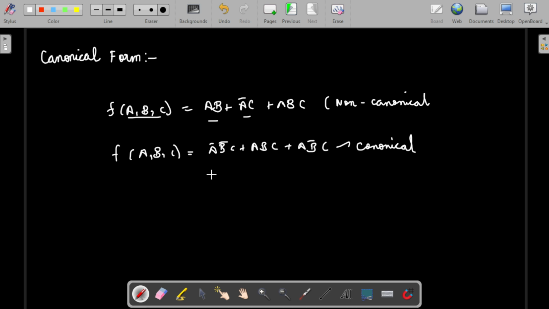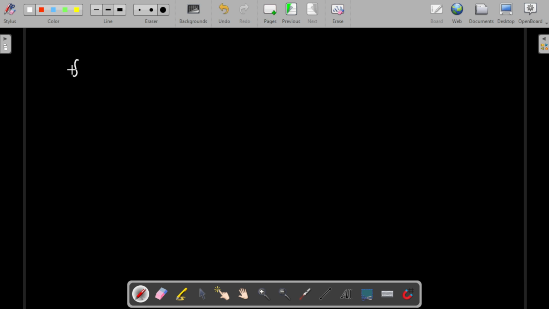So how can we convert a non-canonical form into canonical form? Let us take an example where f is a function of a, b. Let's take a simple case: a plus ab. Here b is not present in the first term. So what we can do is multiply a with b plus b bar, plus ab.